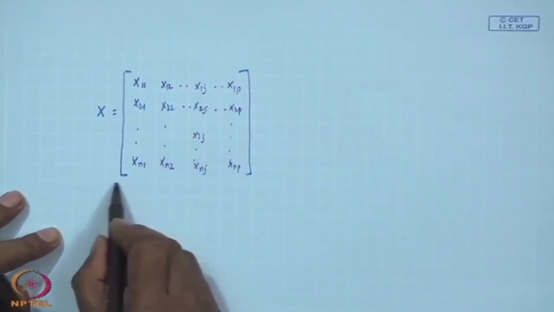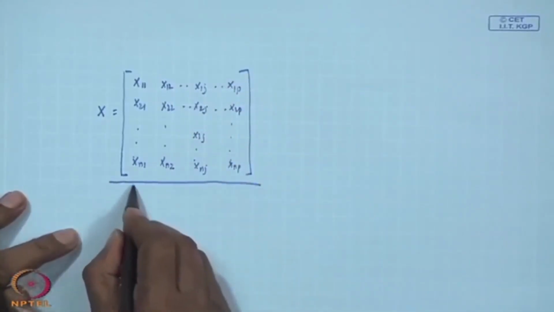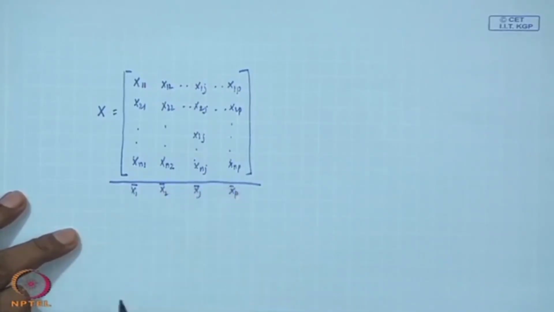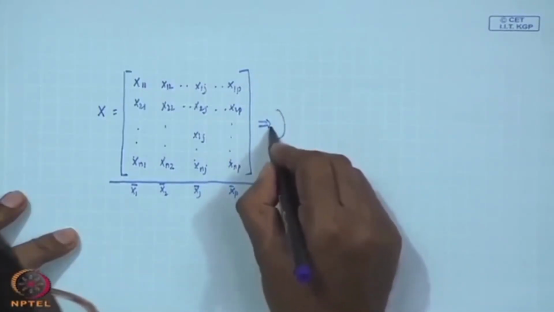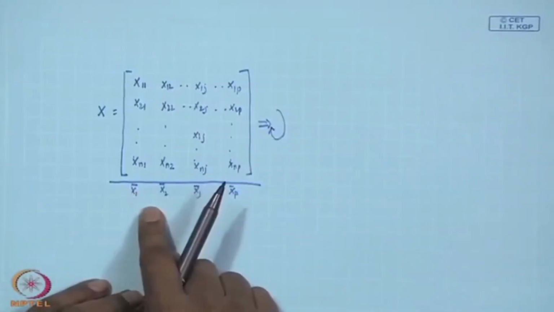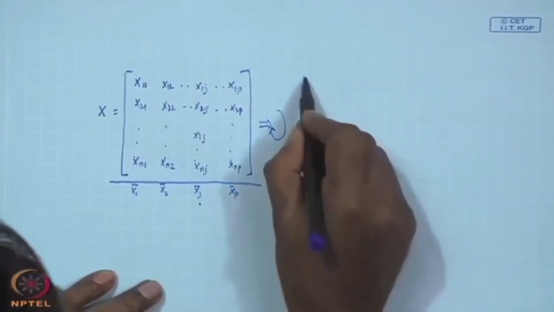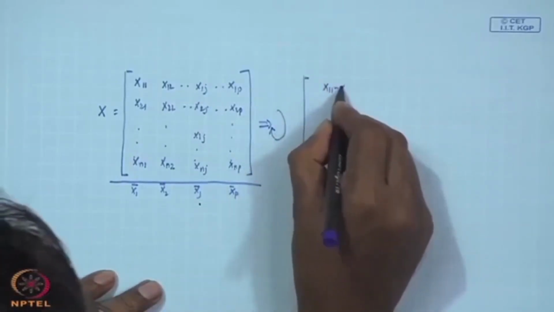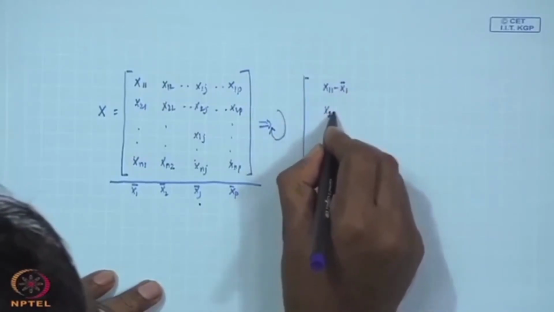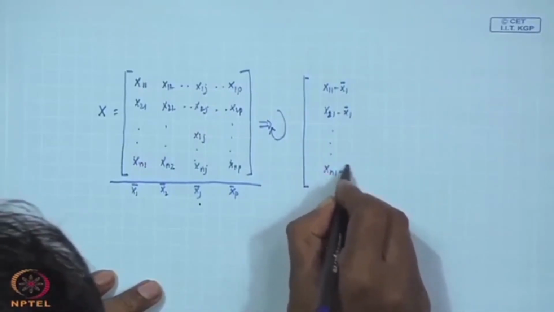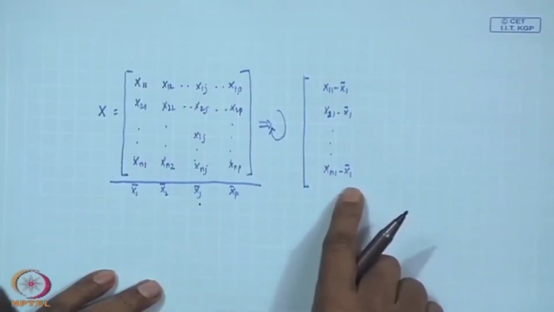So, you have computed here x1 bar, x2 bar, xj bar, xp bar. Then some conversion is taking place here, that is subtraction of the mean. Then what are you getting here? If I subtract the mean, every observation is subtracted by its corresponding mean value.